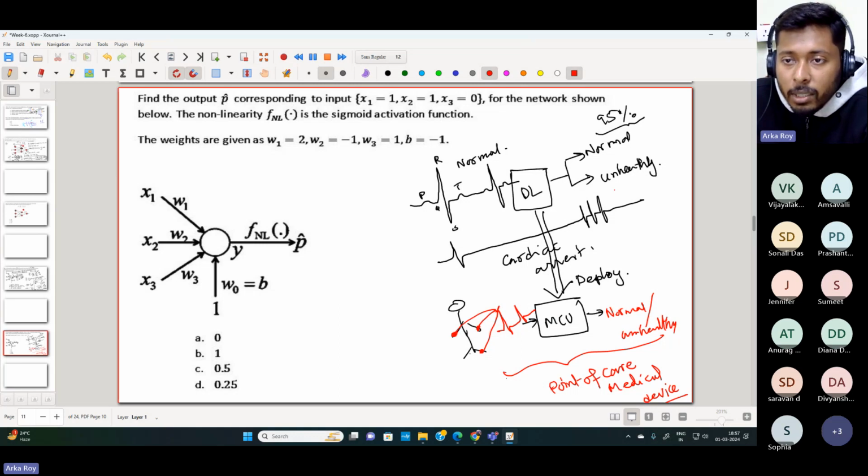Otherwise, another option is, you are getting 95% accuracy, you can investigate why 95, why not 99. That means you need to check for which cases your model is not performing well. There is still a 5% confusion where your model is giving incorrect classification.